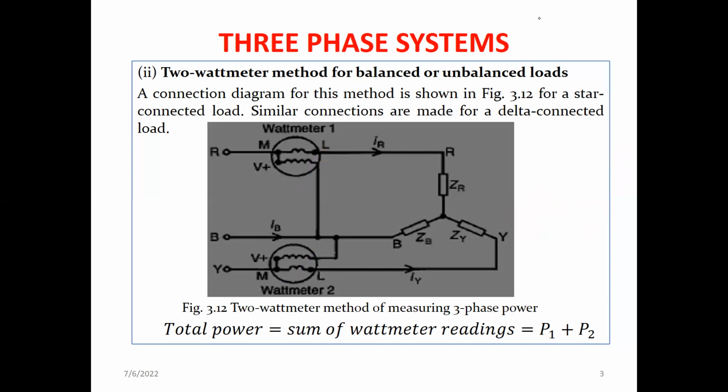To find the total power of the two-wattmeter method, you sum the wattmeter readings.